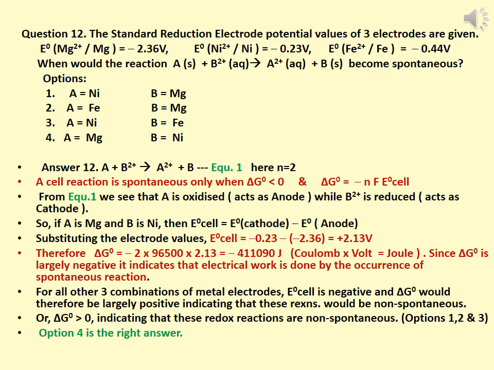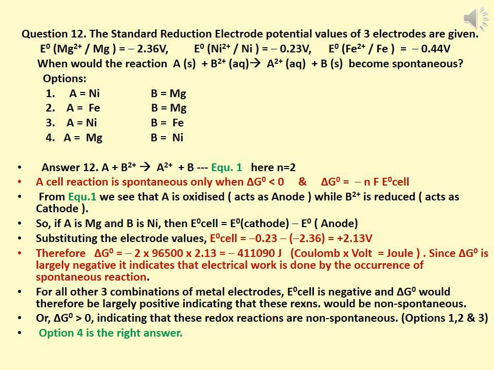So, from equation 1, we need to choose the metal which will show tendency to get oxidized readily. Suppose we choose magnesium metal as A, and the combination with it is given as B, nickel metal.